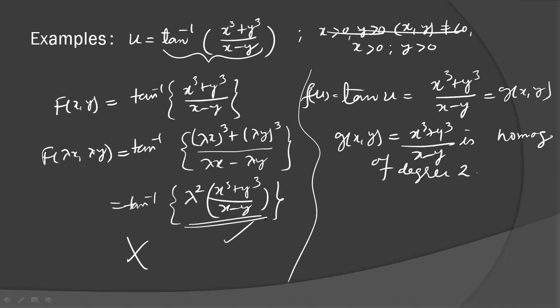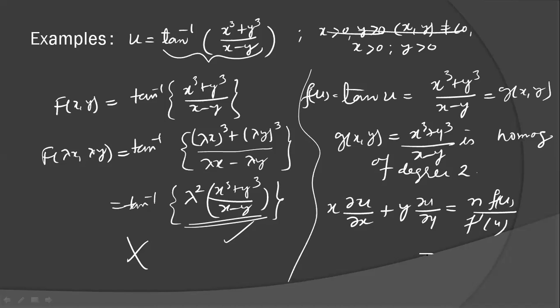So now what will be x ∂u/∂x plus y ∂u/∂y? It will be n into f(u) over f'(u). So it will be 2 into tan u over the derivative of tan u, which is sec square u. If you simplify it, you will get 2 sin u cos u, which means sin 2u.